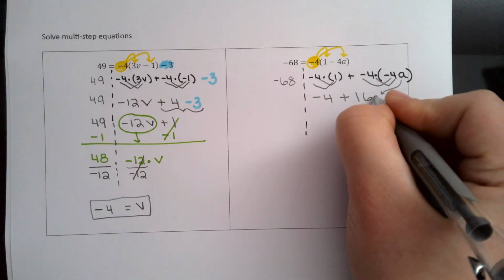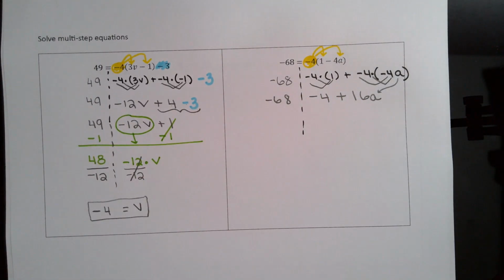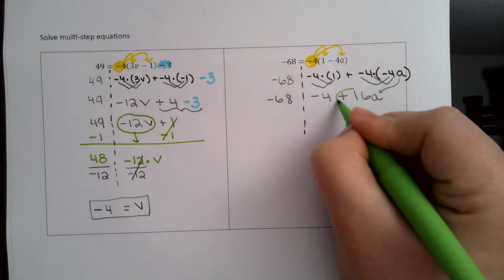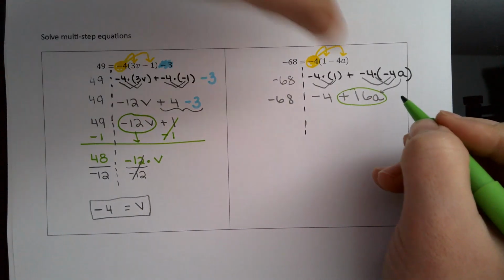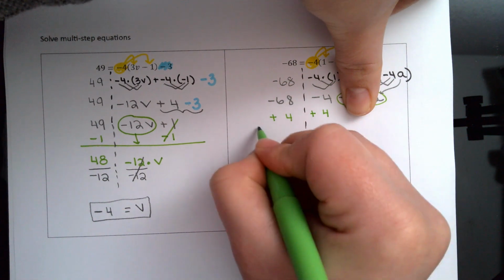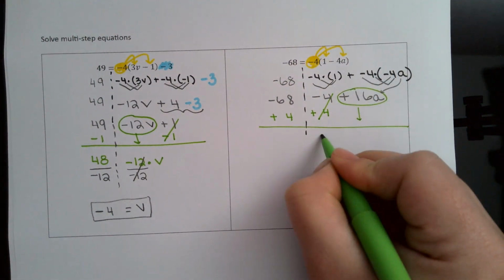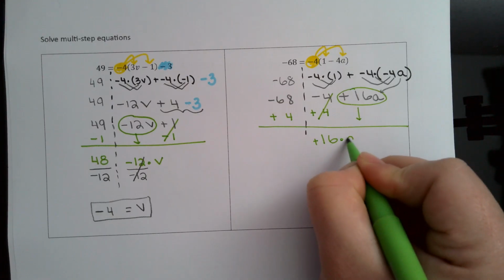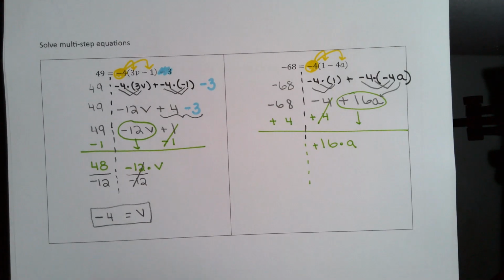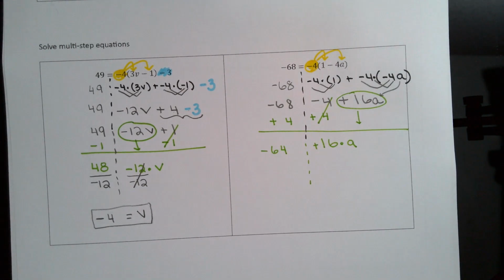Do I have a letter? Yes, it is a. We are solving an equation, so go ahead and circle this positive 16a. Cover it up. I'm going to add 4 to both sides. Bring down the 16 positive times a. And we have this negative 68 plus 4 gives me negative 64.